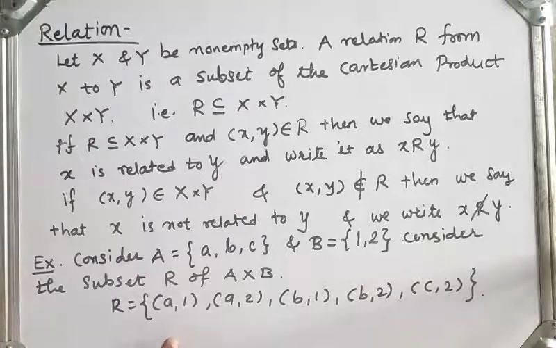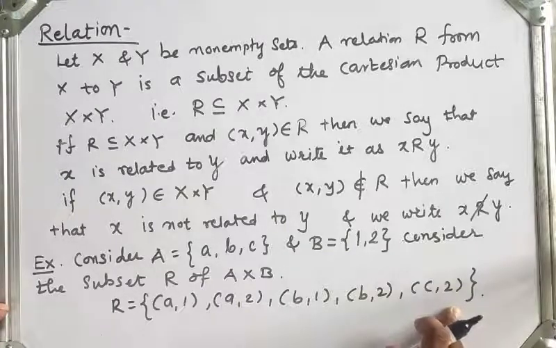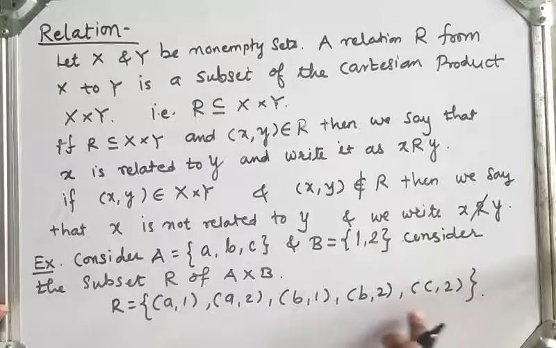In this relation, a is related to 1, a is related to 2, b is related to 1, b is related to 2, and c is related to 2. But (c,1) is not in this set, so c is not related to 1.